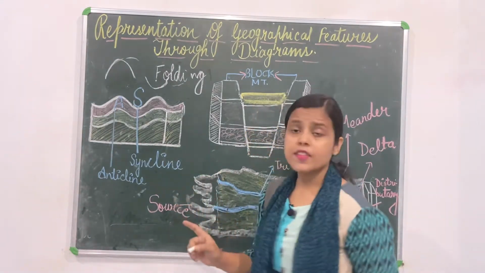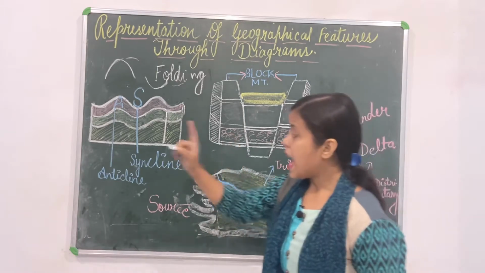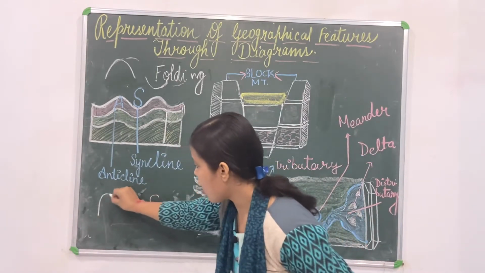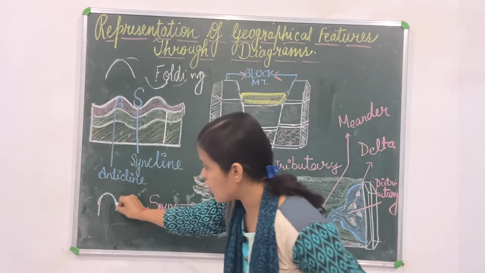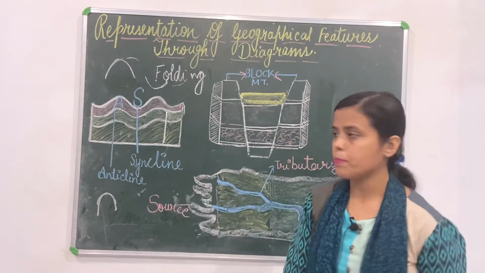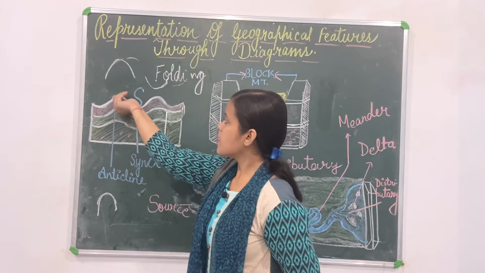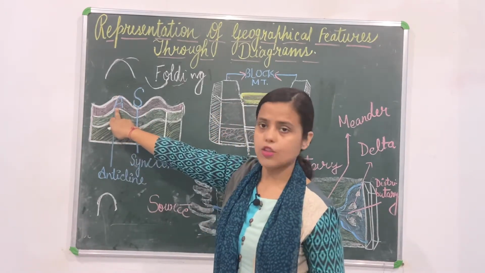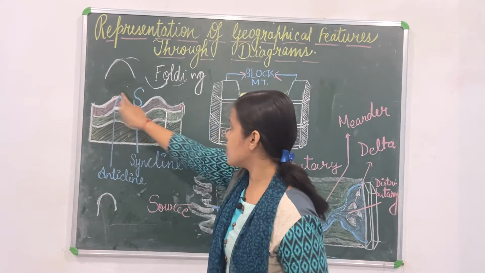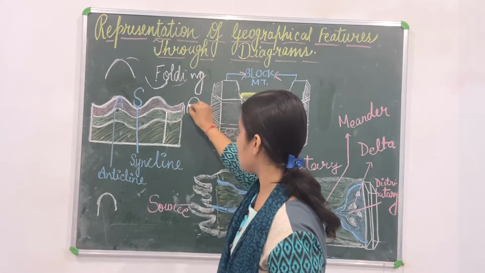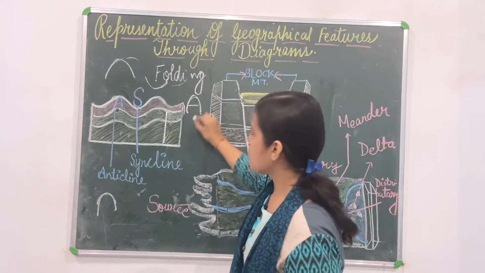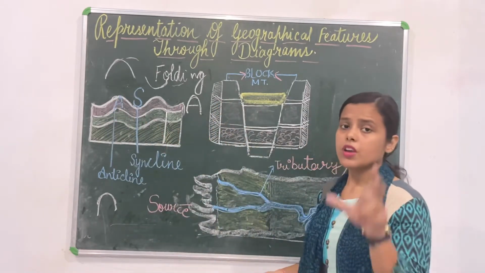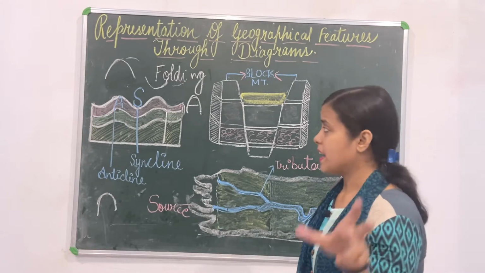Now, it is very easy to learn this. Anticline starts from A, and when you draw A, how is this shape? Upfold part. So see, I have written A over here. The upfold part will be the structure of A, how you draw A. So from A meaning anticline, the upfold part of the structure is known as the anticline.